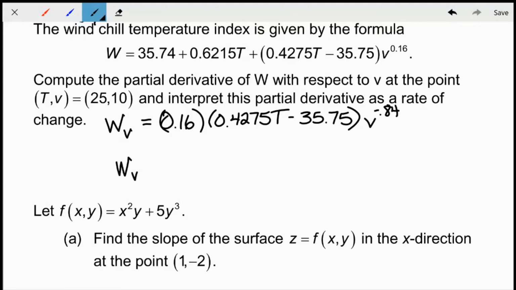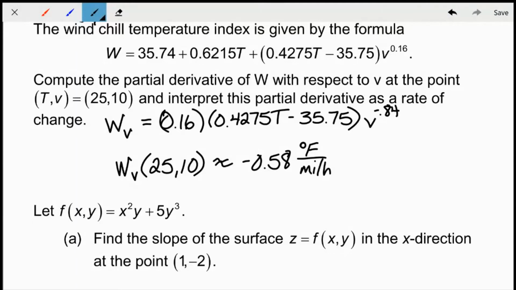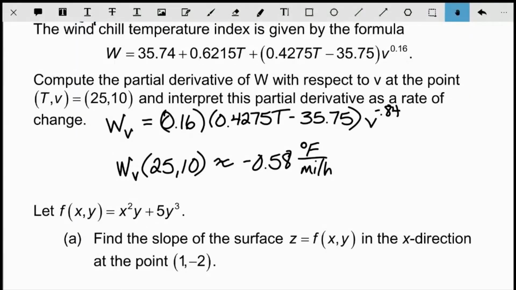Now, when I plug in the point they've given us, the point (25, 10), we plug in 25 for temperature and 10 for velocity, and we get about negative 0.58 degrees Fahrenheit per mile per hour. That's all that's really telling me: how is my wind chill temperature impacted by a change in the velocity.